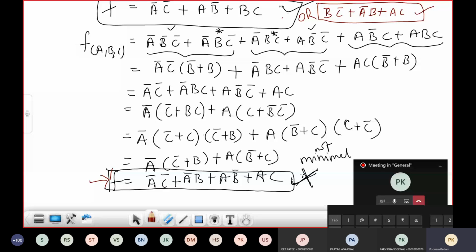So what we require is some kind of systematic procedure that will give the certainty that this is the minimal expression for this function. Also, the procedure should reflect all the possible solutions. With this method, I had to show you another minimal expression, right?